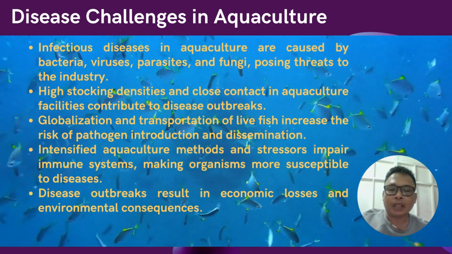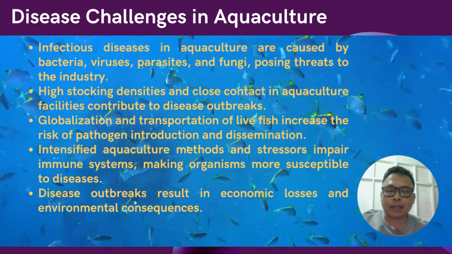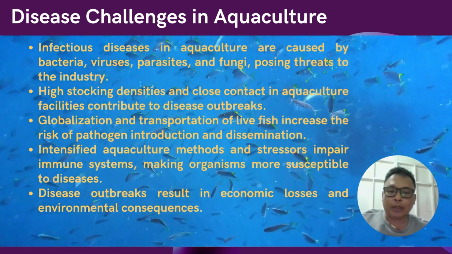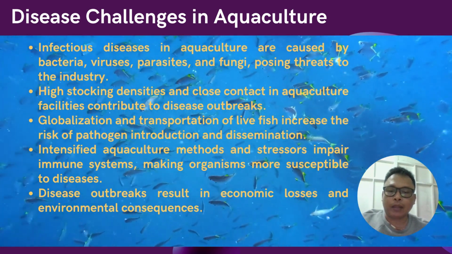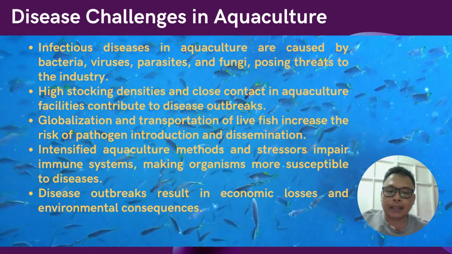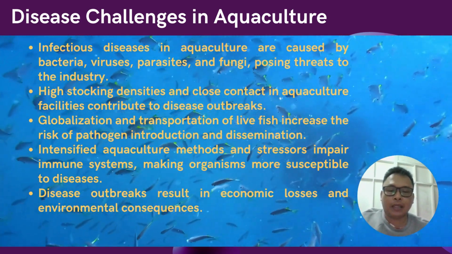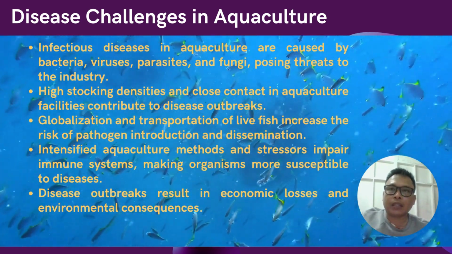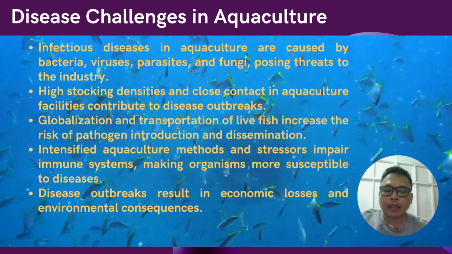Creating an environment susceptible to pathogen transmission. When a disease-causing organism enters the system, it can quickly spread, infecting a large proportion of the population in a short period of time.